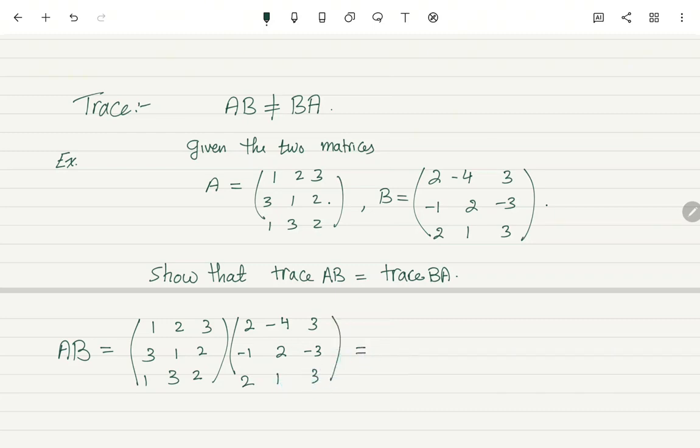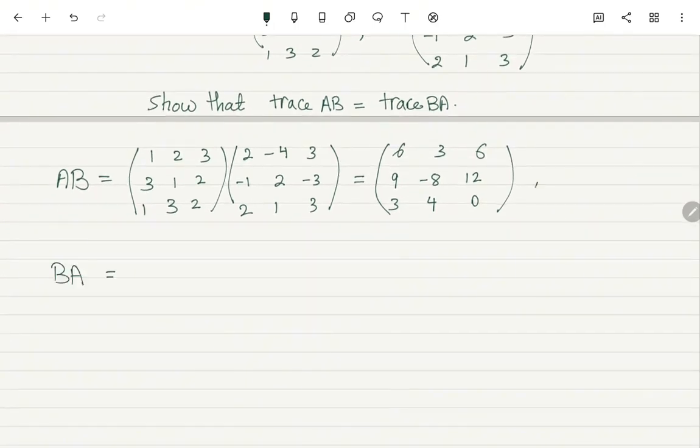The result is obtained by multiplying row with column. The first row of the new matrix is 6, 3, 6. Then row with column again: 9, minus 8, 12. And the last row is 3, 4, 0.